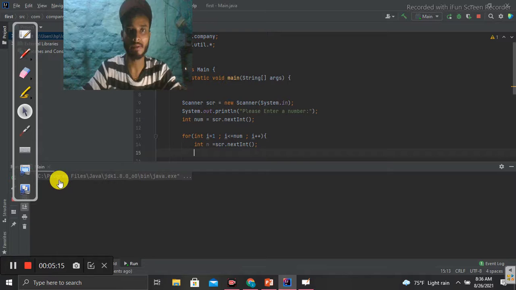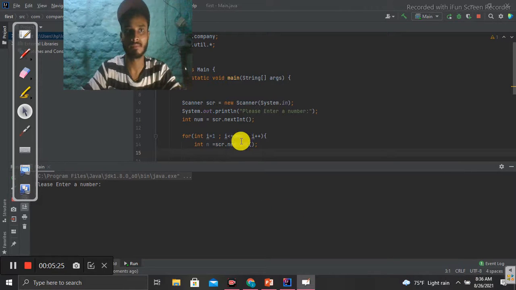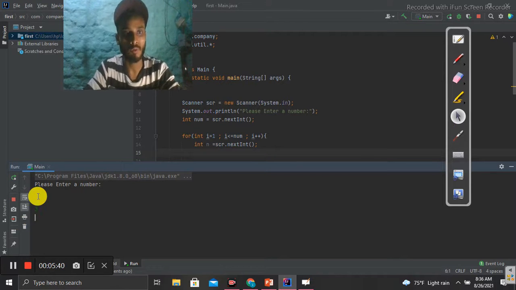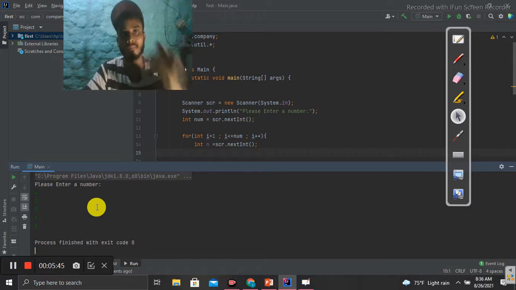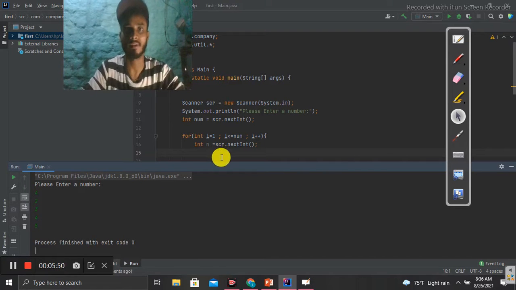Suppose I enter here 4. Then you can see 2, 4, 3, and 4. That means the user is able to enter 4 values.